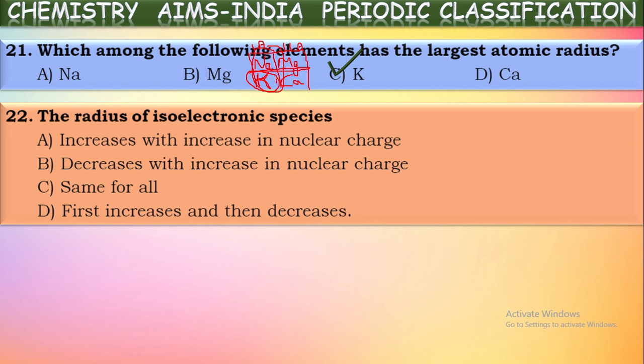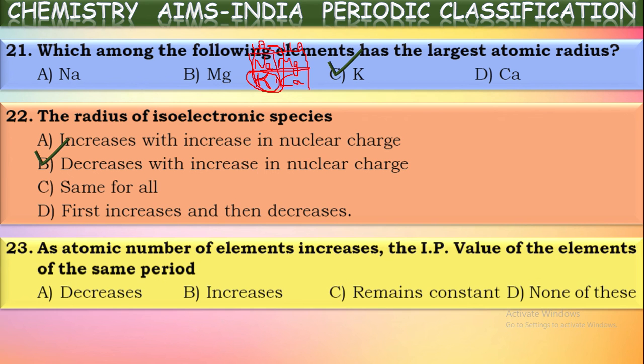Now, how is the size of these isoelectronic species compared? Among the isoelectronic species, as nuclear charge increases, size decreases. So the radius of isoelectronic species decreases with increase in nuclear charge. This is correct. Okay, next one.